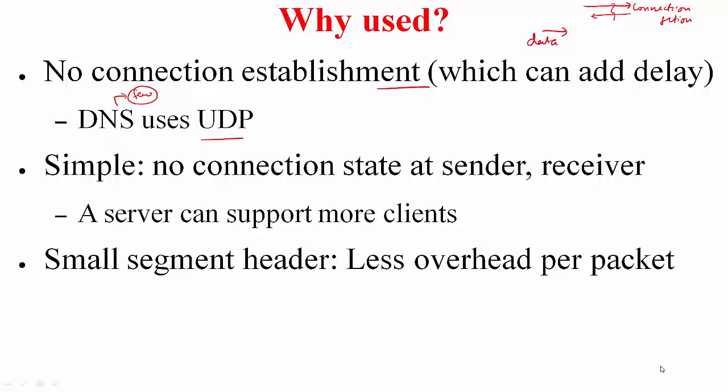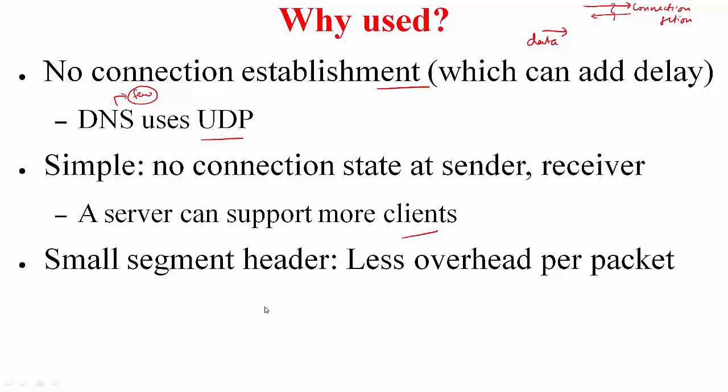The fact that UDP is so simple that it does not maintain any state at the sender or the receiver permits a server to support a lot more clients than other transport protocols that maintain state. In other words, a server that uses UDP versus a server that uses TCP, the UDP server can support more clients. The UDP header, which we will see shortly, is really small.